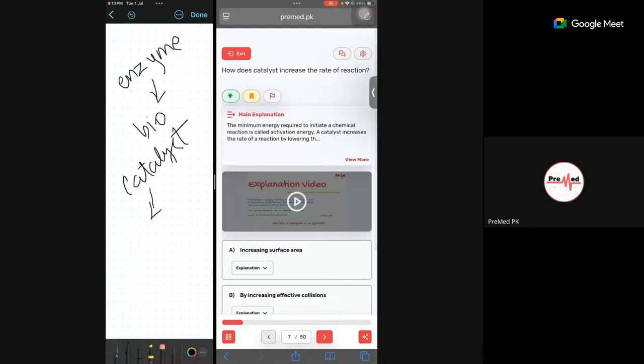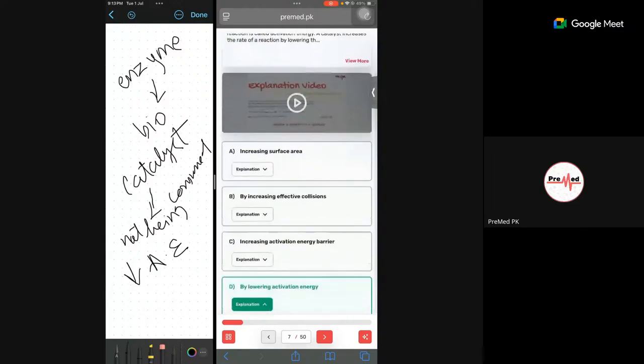So a catalyst has this property of not being consumed in the reaction, rather it lowers the activation energy, and because of that it takes control of the overall reaction and fastens the reaction rate. So over here we have the correct option, which is D.